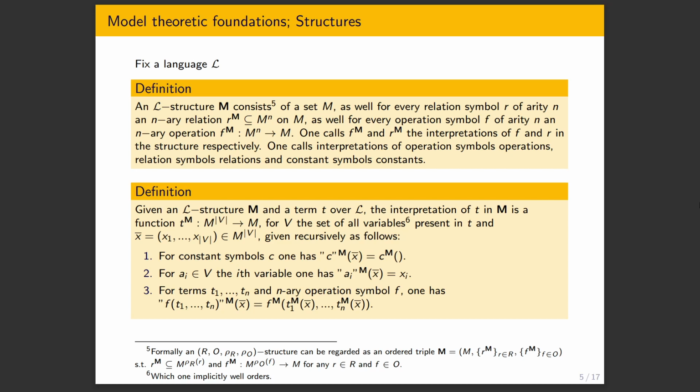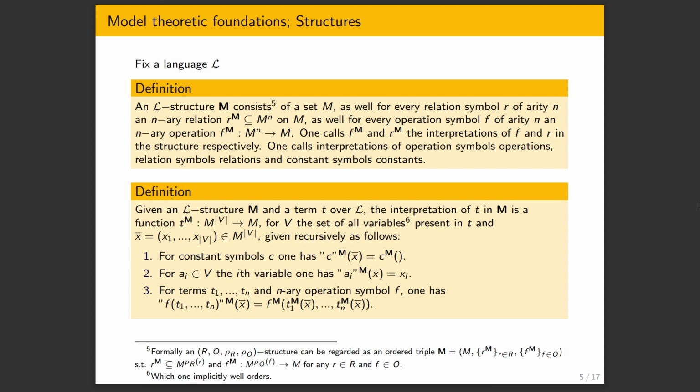It takes in |V| things, the cardinality of V, for the variables to substitute in, which are all going to be elements of M, where V is the set of all variables that occur in t. And then this gives us an element of M. We evaluate the term when substituting in all these things for the variables that occur in the term.